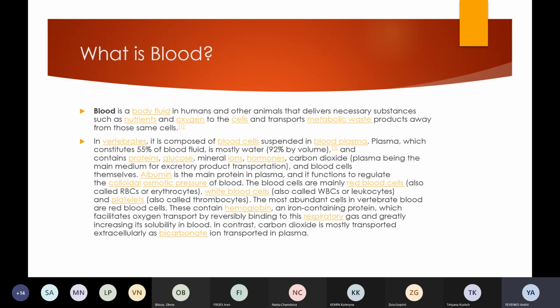It also has carbon dioxide, which is removed from our cells when we breathe. So these are the principal parts we're going to talk about, and we will move on to talk more about the functions of blood.